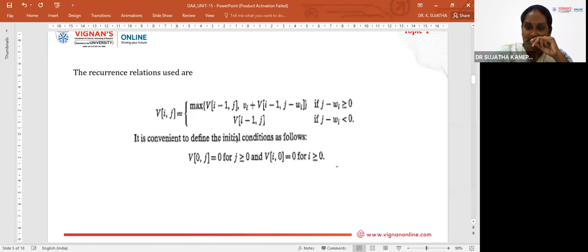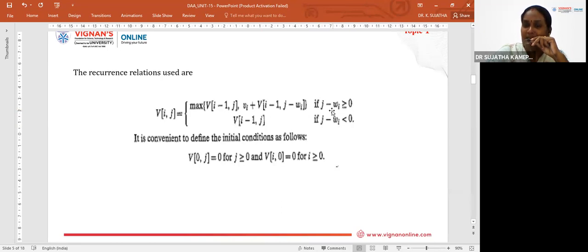This is the recurrence relation we use for this knapsack problem: V of i comma j is equal to the maximum of V of i minus 1 comma j, and vi plus V of i minus 1 comma j minus wi, if j minus wi is greater than or equal to 0. Here j is the capacity, wi is the weight of the ith object, and v is the value.